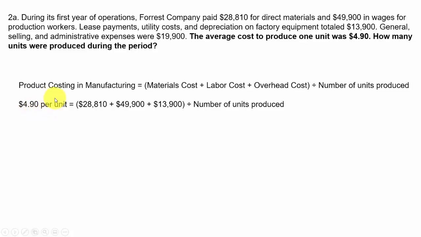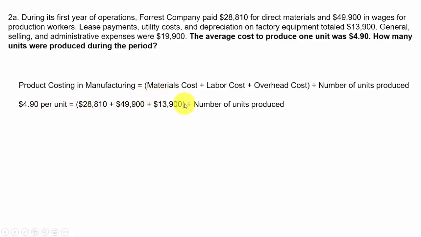We also know the total cost of these items, which would be $28,810 for direct materials, $49,900 for direct wages, that is wages inside the factory for production workers. And we also know the overhead, which again, if it's not material and it's not labor, then it's overhead, which is $13,900.